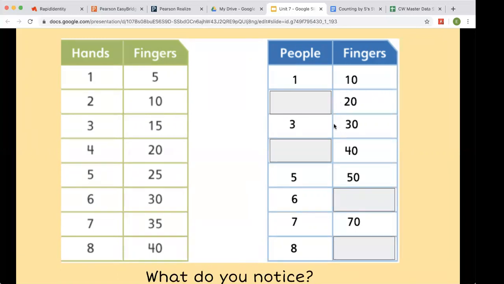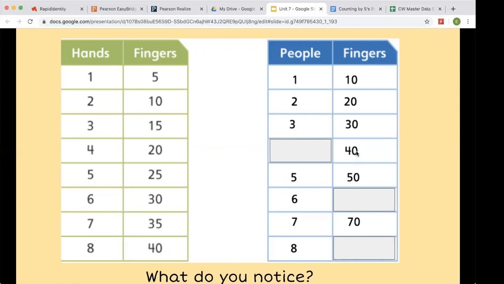If there are 20 fingers, how many people would that have to be? If you were thinking 2, kiss your brain. Awesome. So 2 people, 20 fingers. 3 people, 30 fingers. I have 40 fingers.